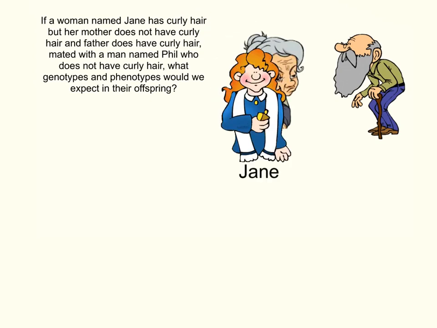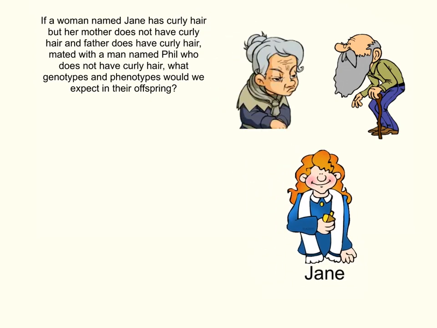So here's Jane's father and mother, and that's Jane. We know that Jane's mother does not have curly hair, meaning her alleles must be little h, little h. So we'll put those up there with her. And her father, on the other hand, does have curly hair, which means his alleles are either big H, big H, or big H, little h.